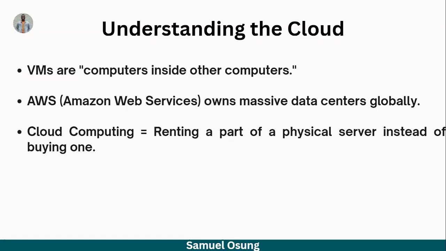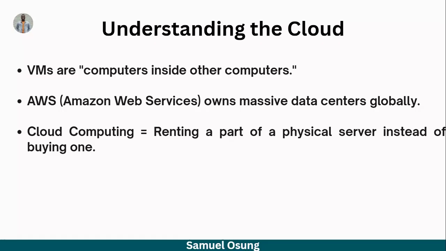Virtual machines live in the cloud for the context of this class. And one of the biggest cloud providers in the world is AWS. Amazon Web Services owns massive data centers filled with physical computers. So instead of you buying your own server, AWS lets you rent a small part of their computer.